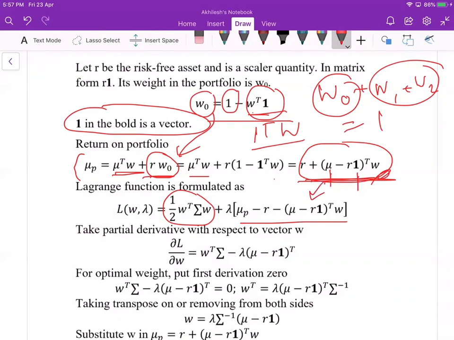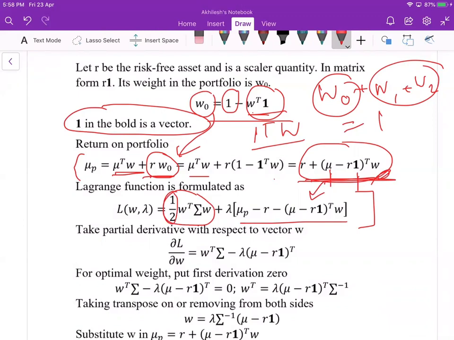Okay. So here we have constructed the Lagrangian function. There is a way to optimize the value using the Lagrangian multiplier. The lambda here is the Lagrangian multiplier. Okay. So let's take the derivative. One more thing here in the variance term, half is multiplied. Half, either you put or don't put, doesn't matter.